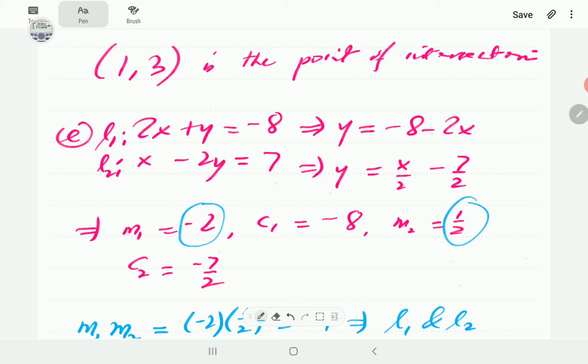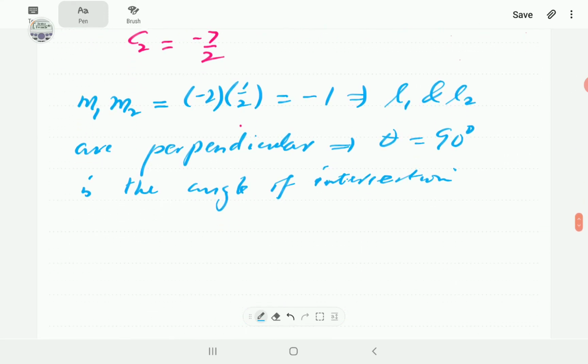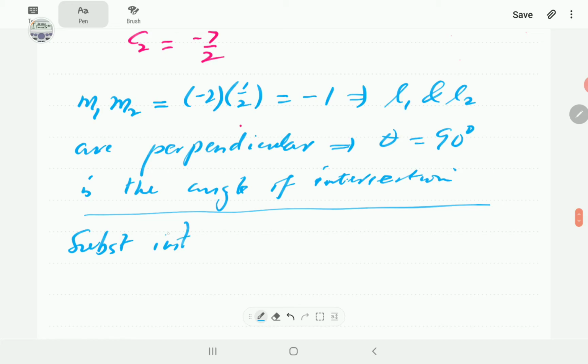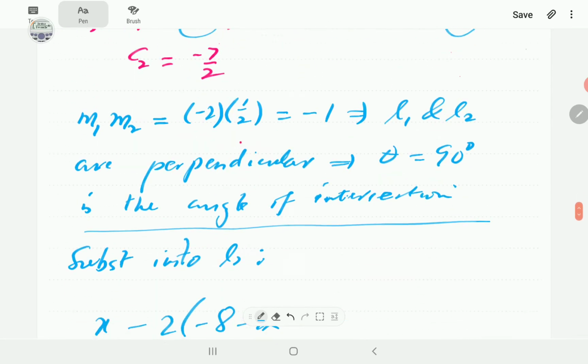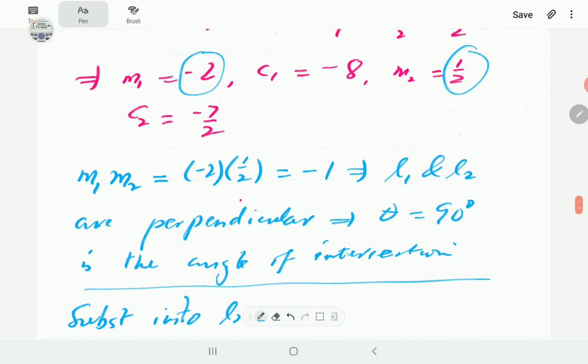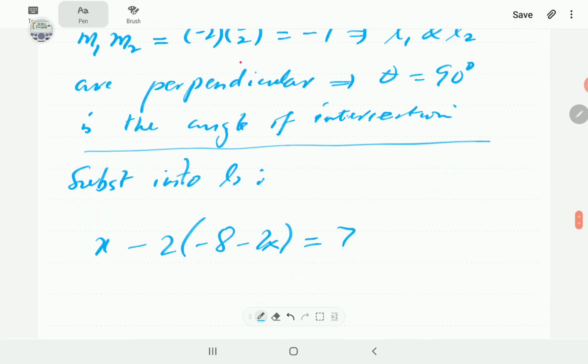So here we've got y equal to -8 - 2x. We are going to take this and plug it into the equation of L2. So substituting into L2, we're going to have x - 2 times (-8 - 2x), and this is equal to 7.